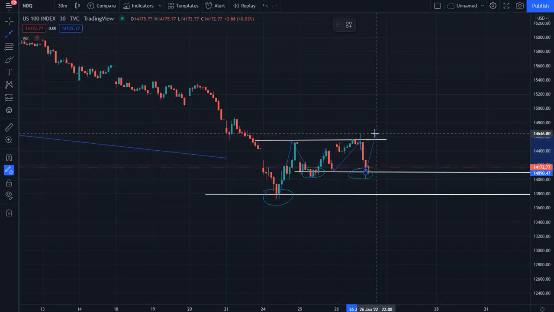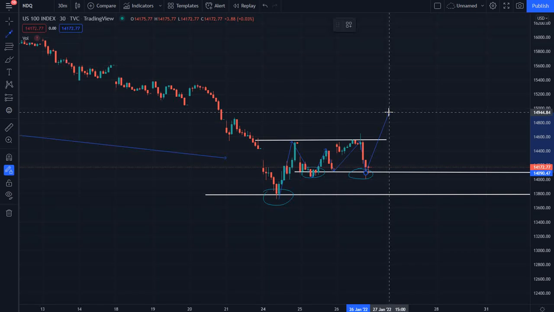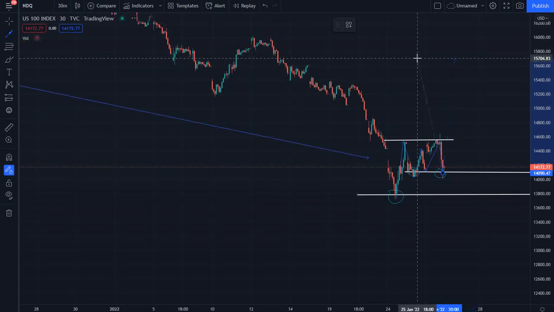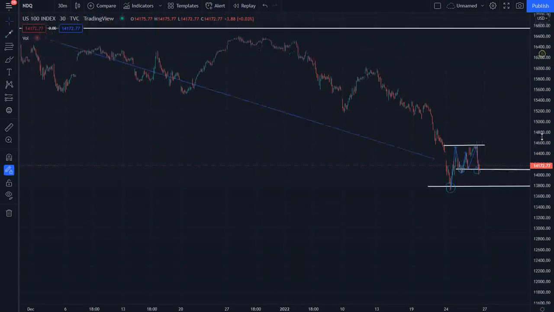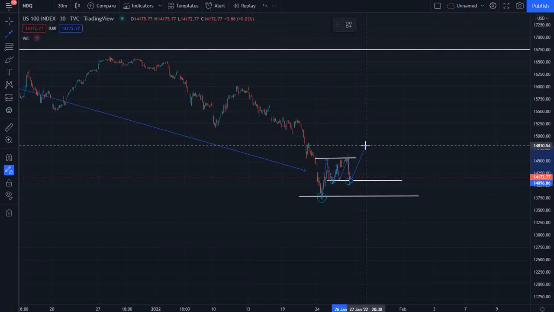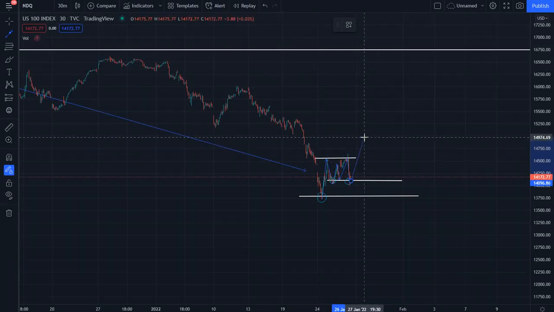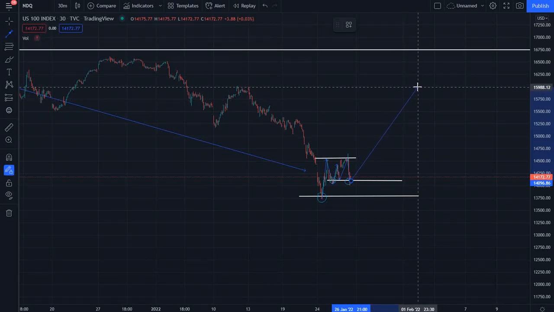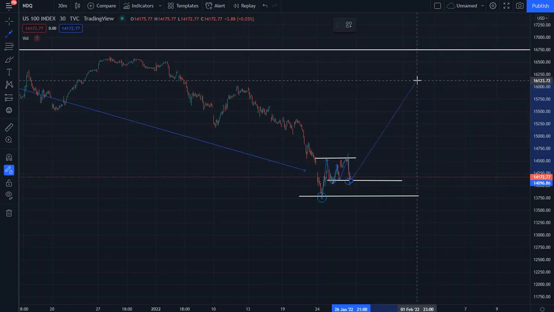Once it's broken this, you need to break this, and then break this all the way up. So we need to see it go up again. You need to break this one, this one, this one, and so on.